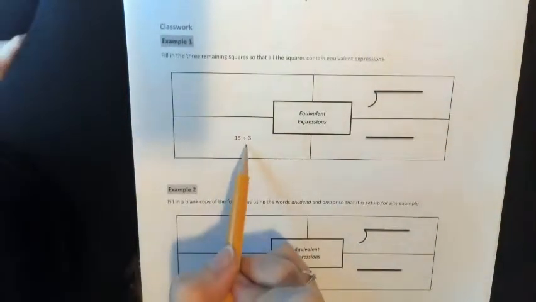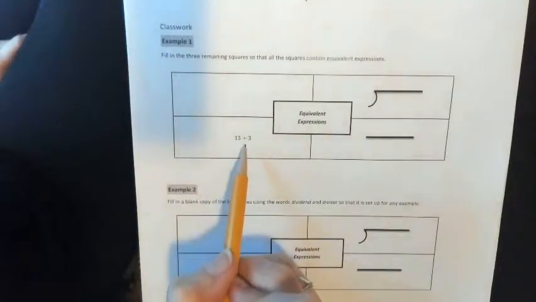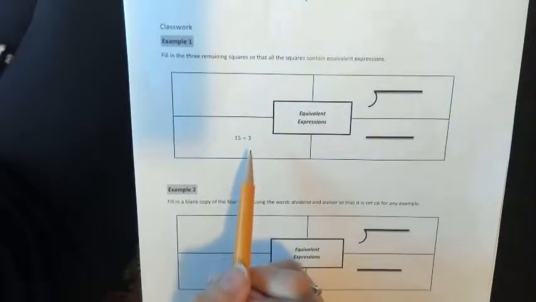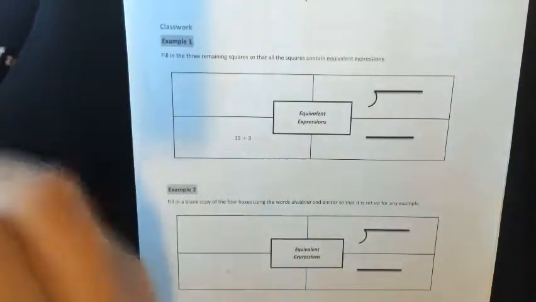All right? Cool. For the first section, we're going to fill in the 3 remaining squares so that all the squares contain equivalent expressions. To do this, they've already given us our equation down here, 15 divided by 3. Now, how do we make that equivalent everywhere else? Well, first thing we're going to do is put it in words. We already know that quotient is the word for our operation of division.